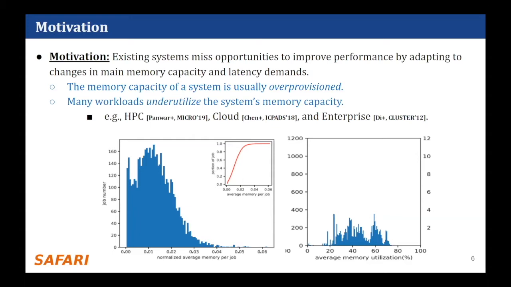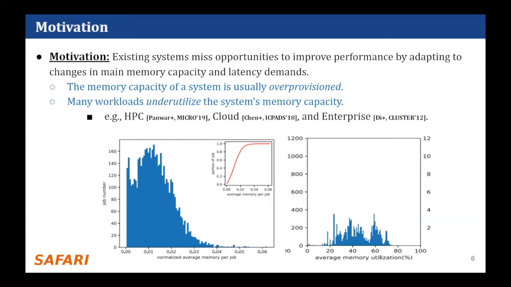The sub-figure on the right shows the average memory utilization for online services running in cloud environments. Although the average memory utilization of online services is much higher than that of batch workloads, still most of the jobs do not use more than 60% of the system's memory capacity.